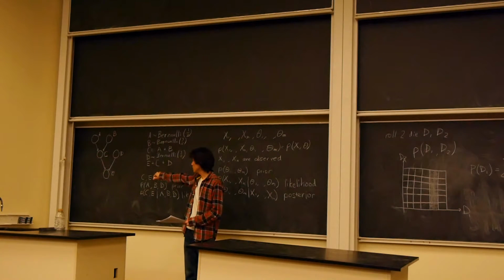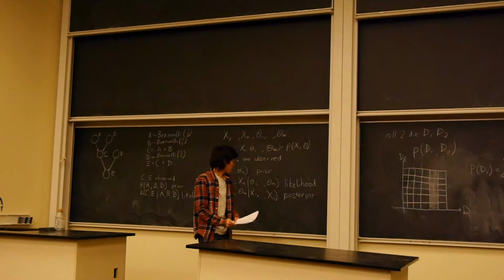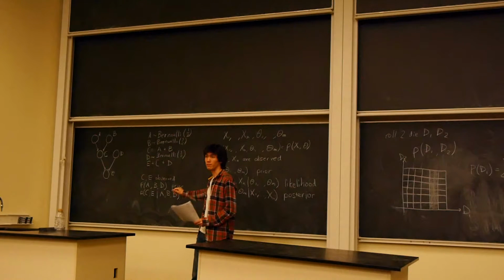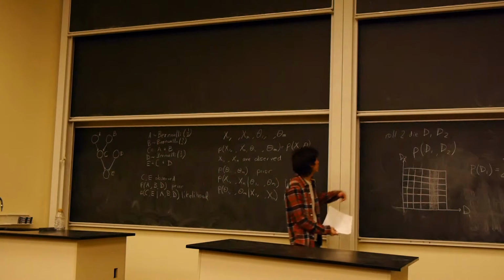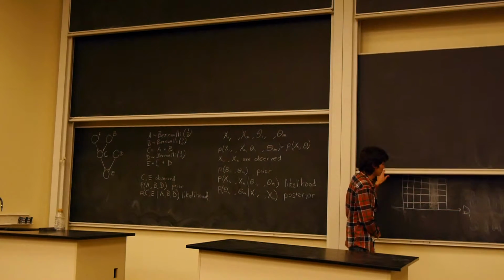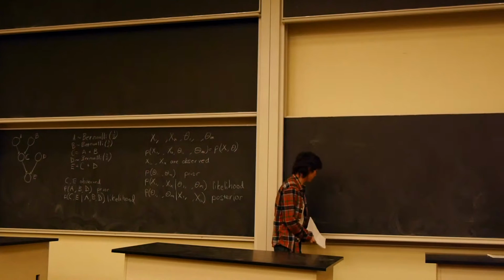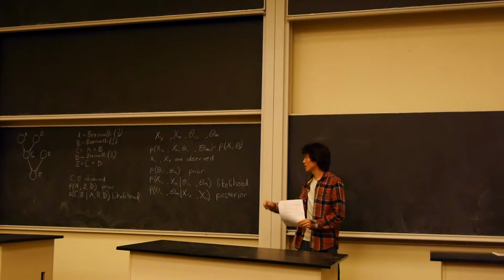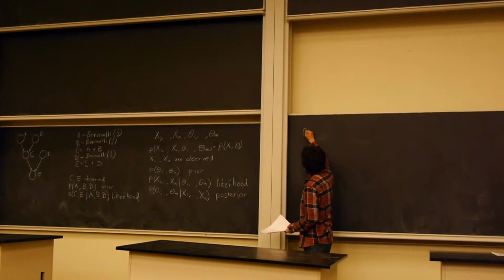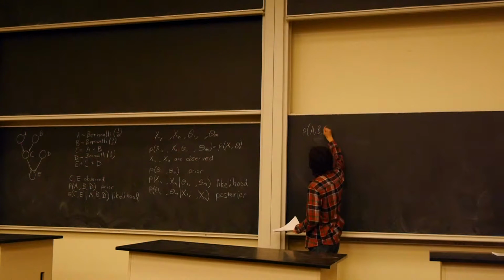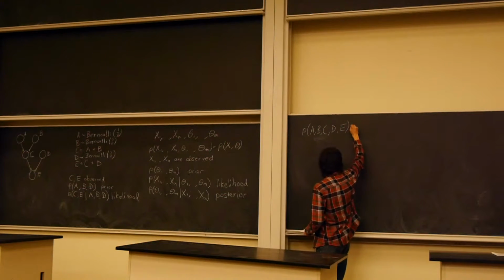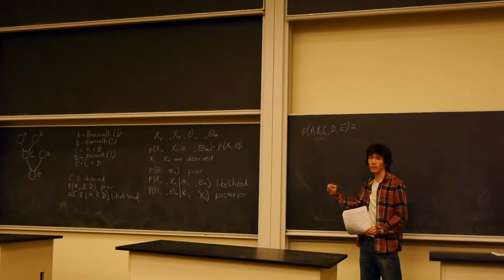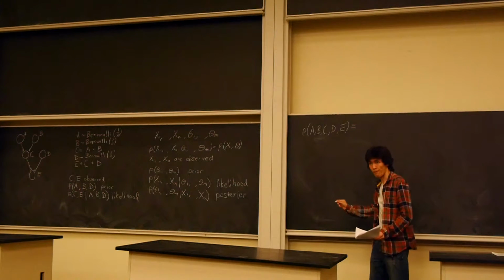And what's really nice about this model is that it tells us a way to simplify the joint distribution, the probability of A, B, C, D, and E. And I'll show you how exactly. So the Bayes network tells us exactly how the joint probability factorizes. And it's just equal to the product over all of the individual probabilities of the variables given its parents.